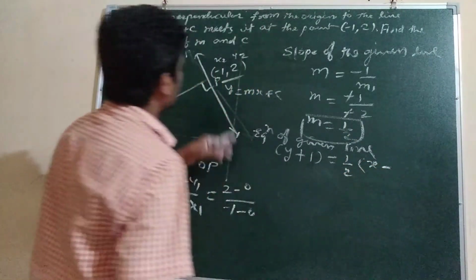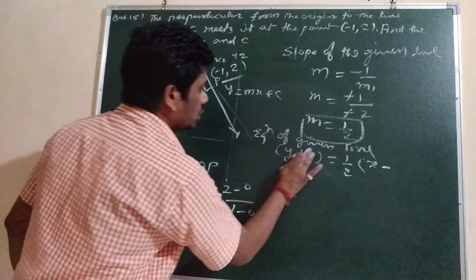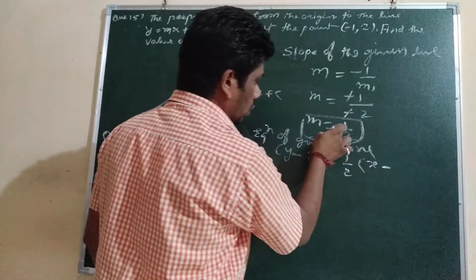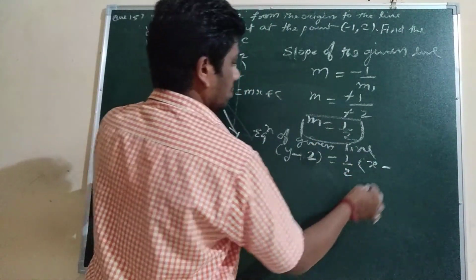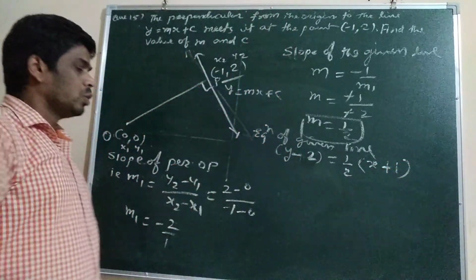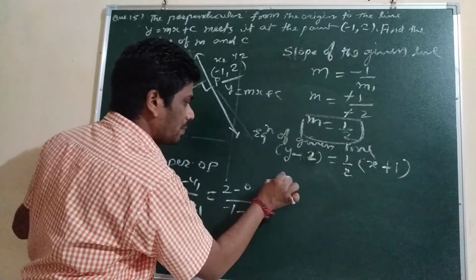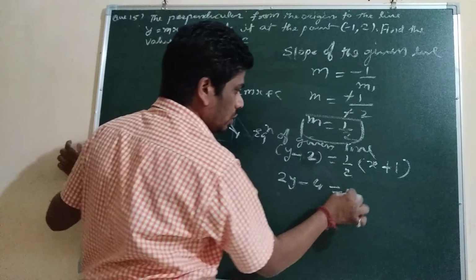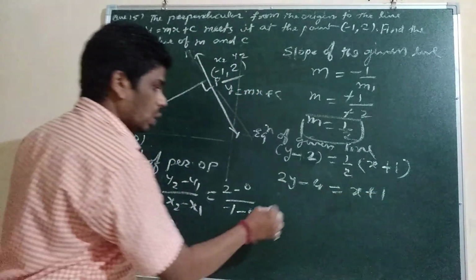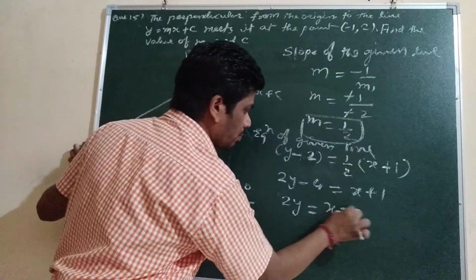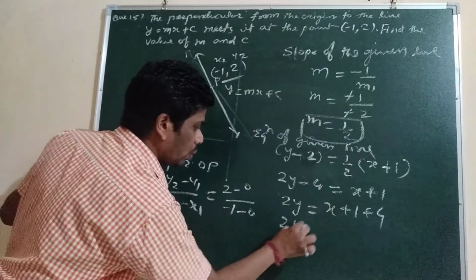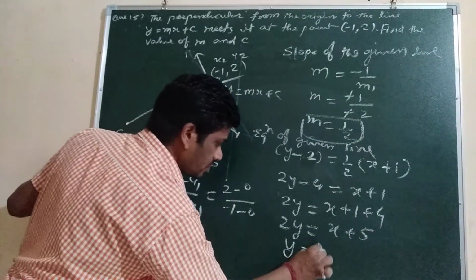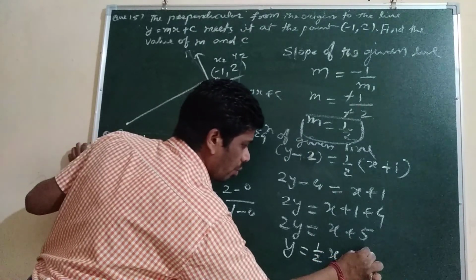Here y1 will be 2, slope will be 1 upon 2, and x minus minus 1 it will become x plus 1. So y minus 2 equal to 1 upon 2 into x plus 1, which means we can cross multiply here. 2y minus 2 2s are 4 equal to x plus 1. So 2y equal to x plus 1 plus 4, which means 2y equal to x plus 5. So y equal to 1 upon 2 x plus 5 by 2, dividing by 2.